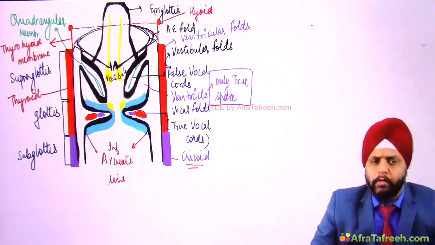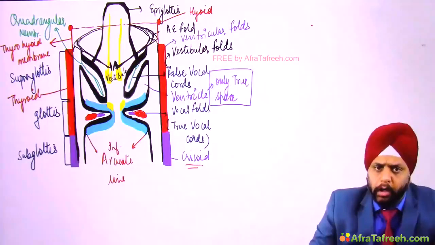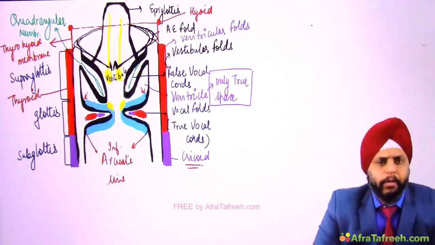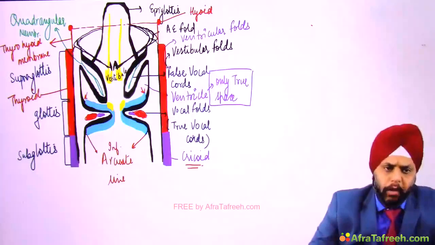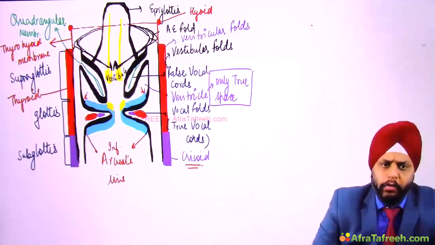Which two arcuate lines? We have an inferior arcuate line, and over here you see we have a superior arcuate line, right? Now I'm shading an area over here.